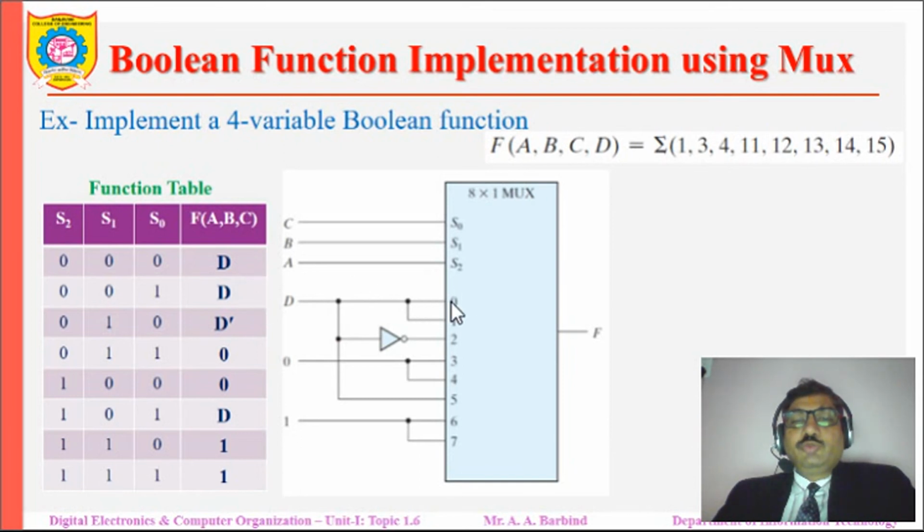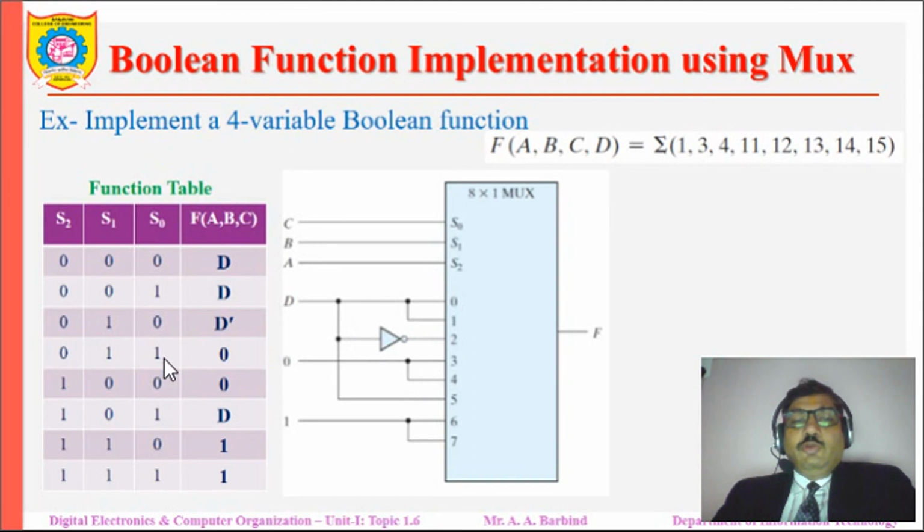Zero input, or I0 input, is connected to D, and the 1 input is connected to D. The second input is connected to D bar, because we want, when the input is 0 1 0, our output to be D bar, so it is connected to D bar.